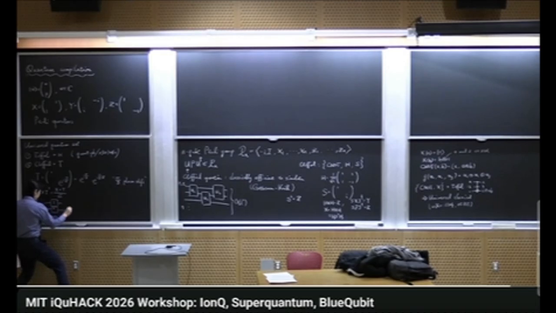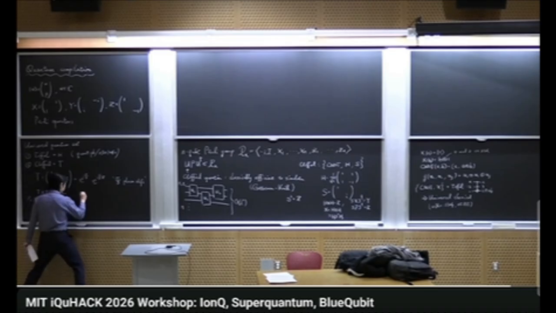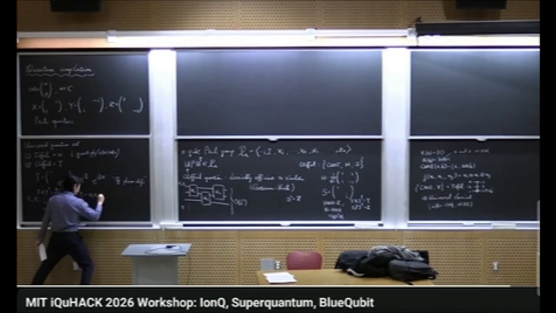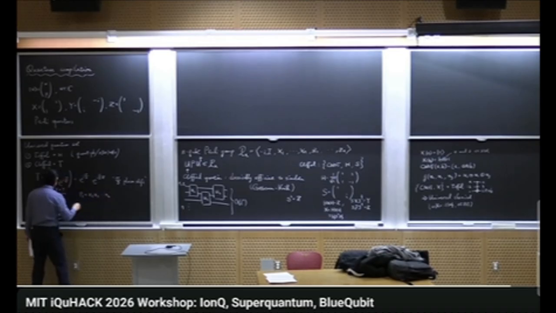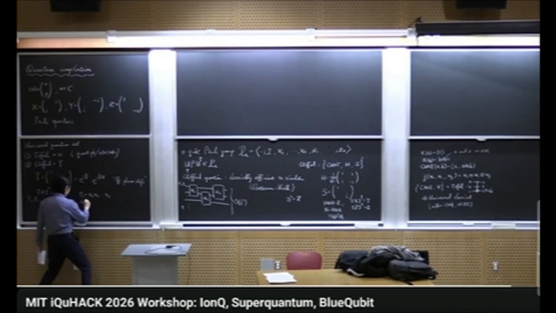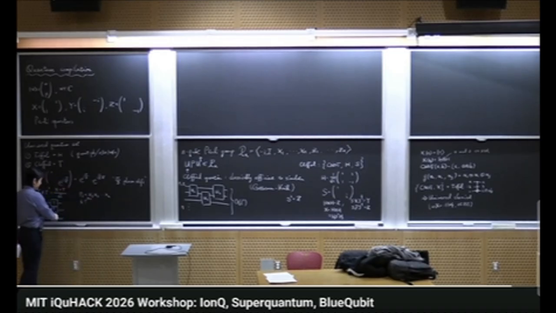Imagine if this is a circuit. This looks like a very simple circuit, a circuit of depth 1. But imagine if we were trying to play this game here. Let's say we have a P1, which is X1, X2, all the way to Xn. And then we conjugate this with T to the n. So this is the first layer.